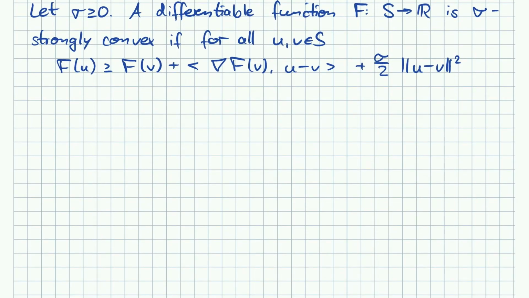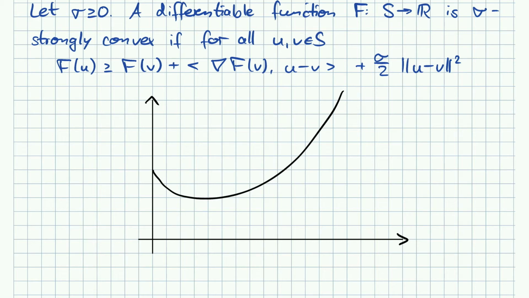And let's see this maybe a little more graphically. What did we say a convex function looks like? Maybe this is a typical convex function. Why that? Because we could consider these tangents, maybe like this, and then the function was staying above this red line here at all times.